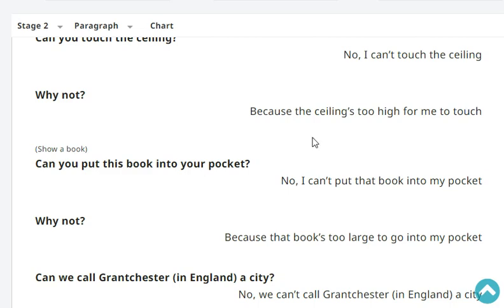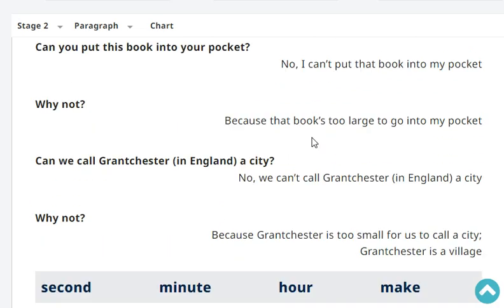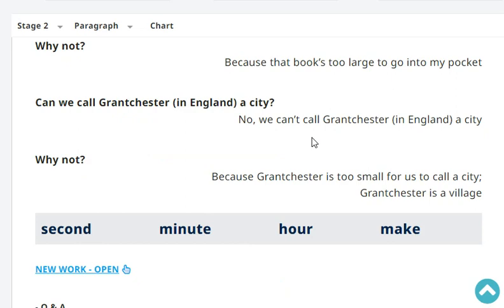Very good. Can you put this book into your pocket? No, I can't put that book into my pocket. Why not? Because that book's too large to go into my pocket. Very good. Can we call Grantchester a city?